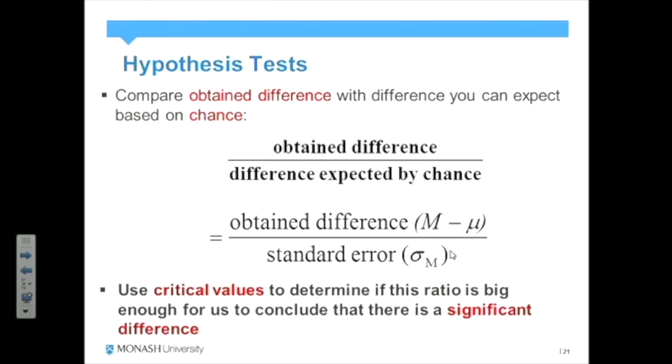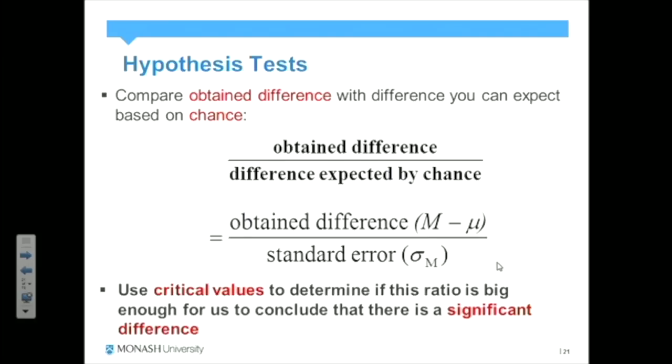Now when we solve that equation, so we put in our mean, our expected population mean, divided by the standard error, we get a value. And then we have to determine, how big is that value? We need a cutoff for that. The bigger that value is, the more likely it is that there actually was some kind of treatment effect, that there's a difference between the mean we had and the population mean.